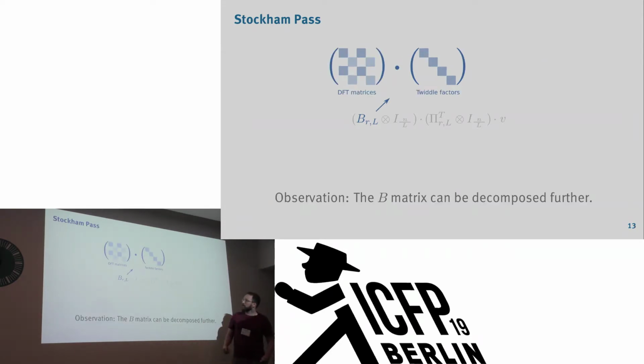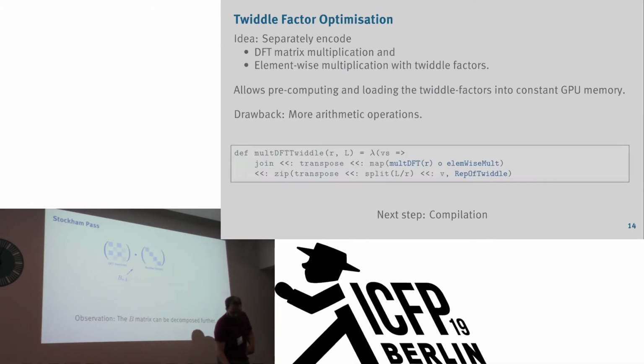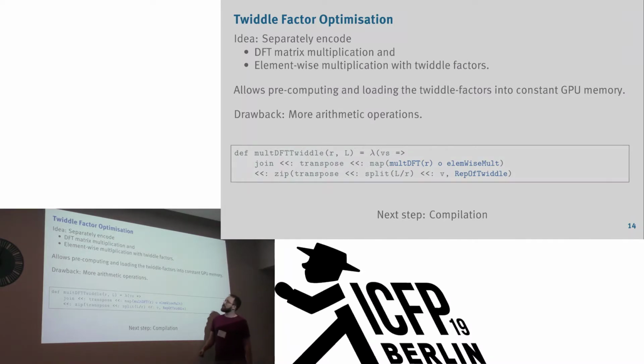We note also that B can be seen in a different way. B can be decomposed one more time, even further, into a matrix consisting of a lot of these smaller DFT matrices that I showed right in the beginning, and a diagonal matrix consisting of so-called twiddle factors. The idea for encoding this would be to separately encode first the DFT matrix multiplication and then element-wise multiplication with different twiddle factors.